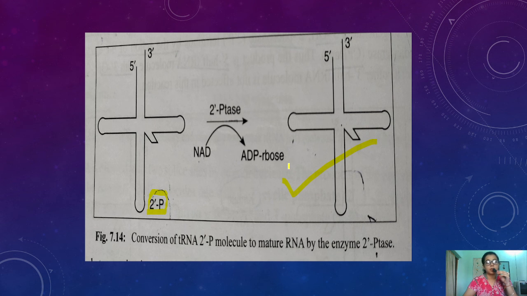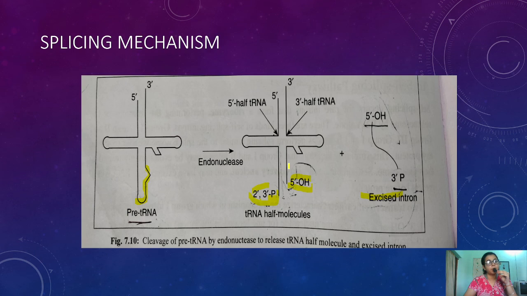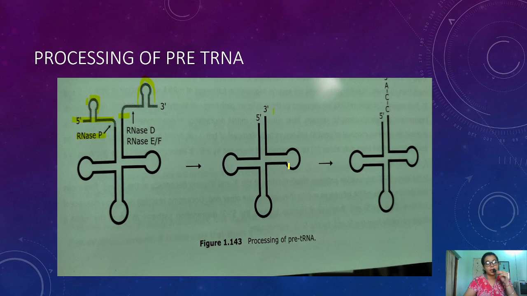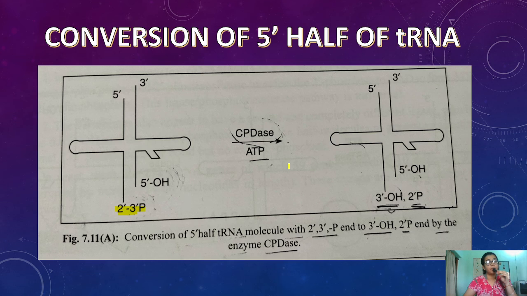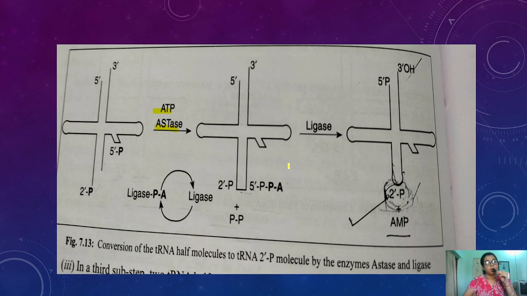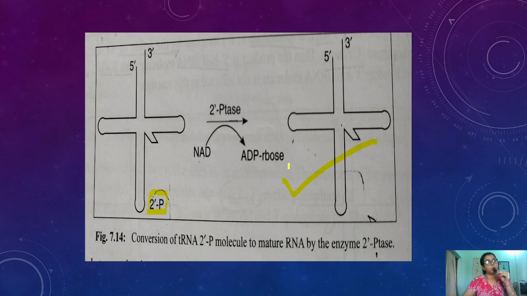So by this process you can see, in these multiple steps, first the processing takes place in the tRNA, then the 3' and 5' halves are created, then we need to rectify this modified part, then ligation takes place, that is, joining of the two ends, and then the extra 2' phosphate is removed.